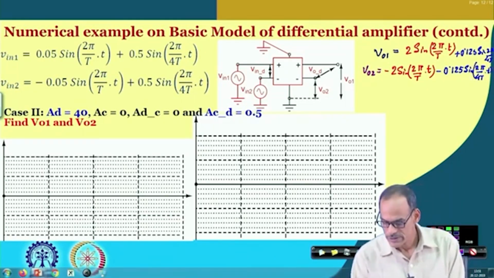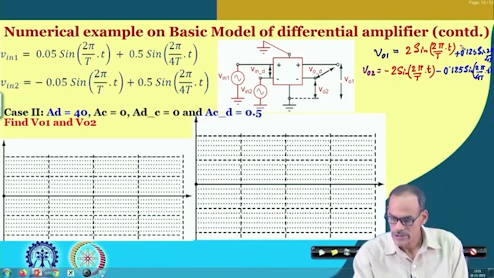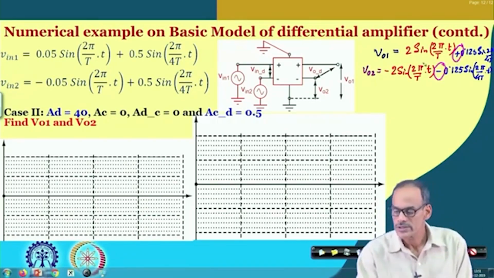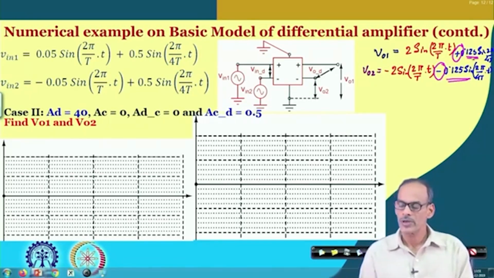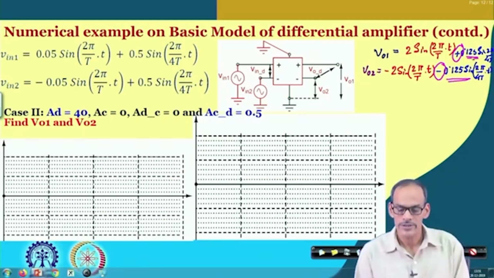So, this is very important: this is having a plus sign, this is having a minus sign. So, this unwanted signal having a frequency of 1 by 4 T is appearing as a differential signal.